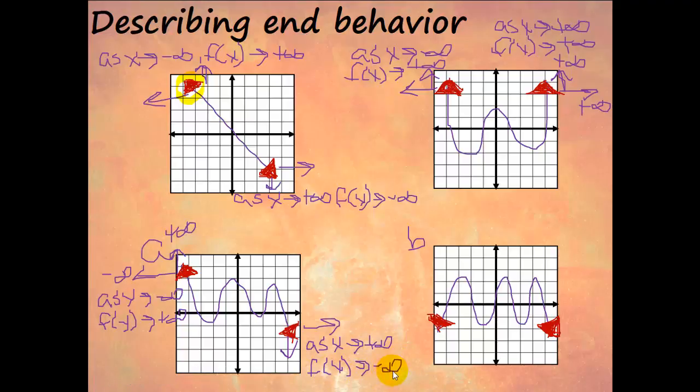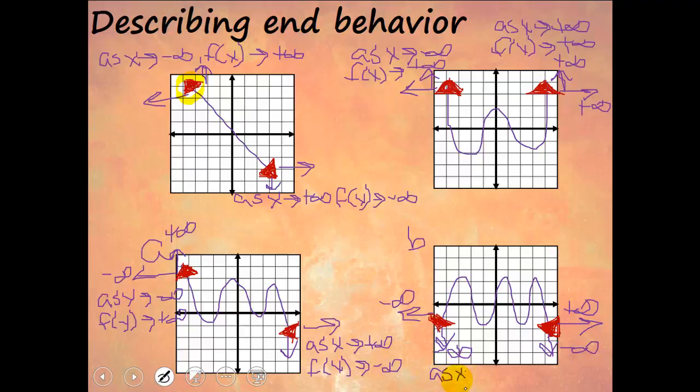Okay. For B, these are both pointing in the same direction. As this one goes left, this one goes down. So this is negative infinity, this is negative infinity. As this one goes to the right, positive infinity, this one is going to negative infinity. It'll help you if you label them like this.